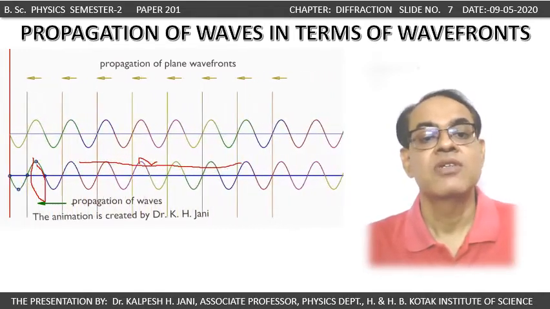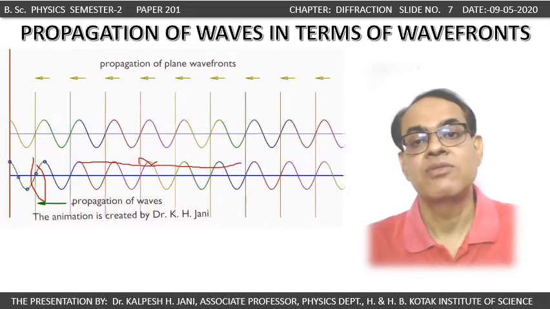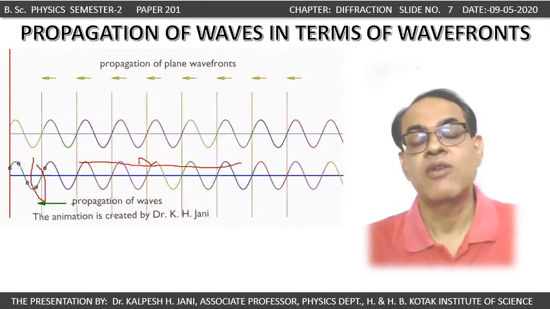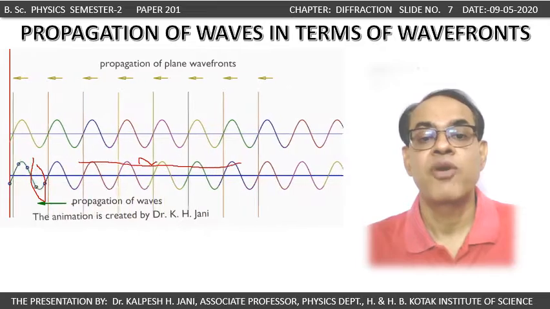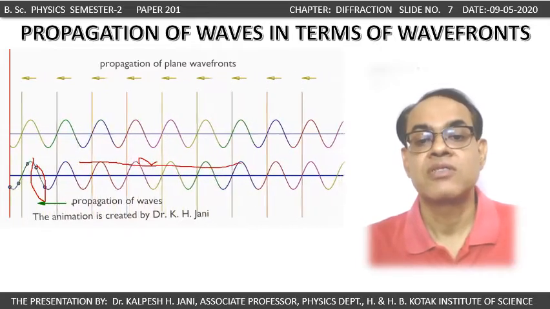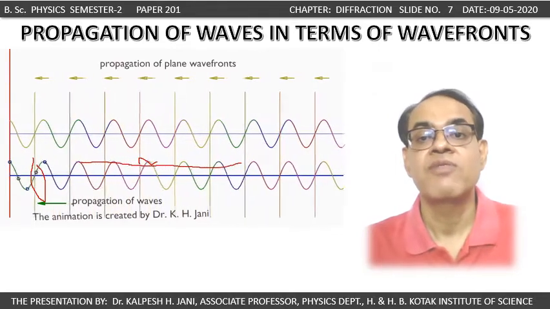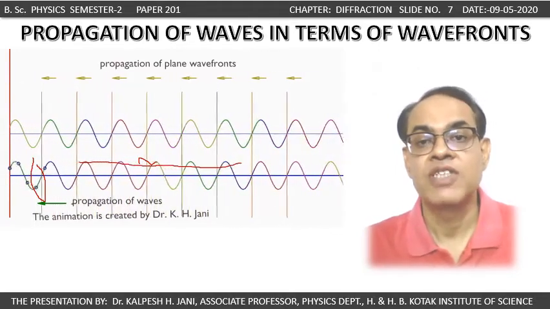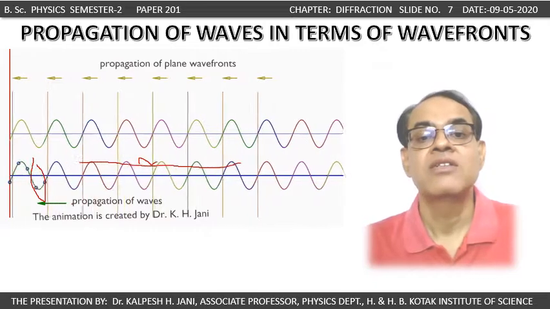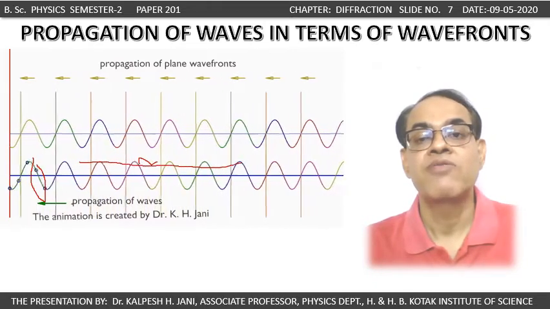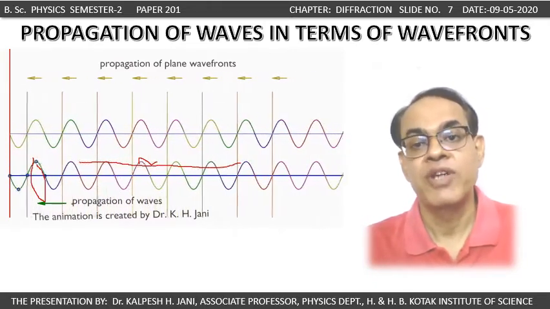Suppose you take all those points, not only of this one wave but of all the other waves which have the same value of phase phi, then it will make one set of points.